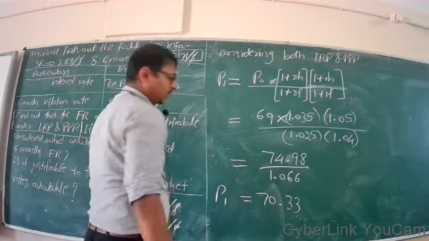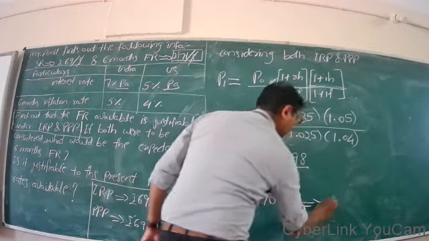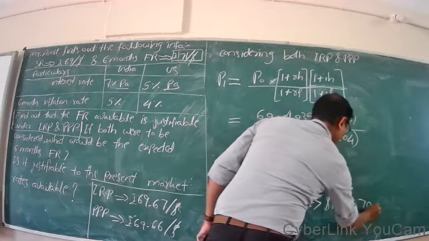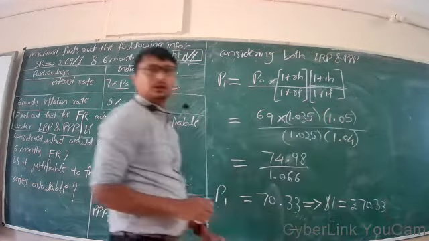That is P1. So P1 is nothing but $1 is equals to rupees 70.33.